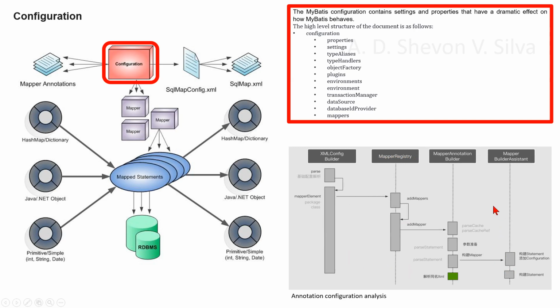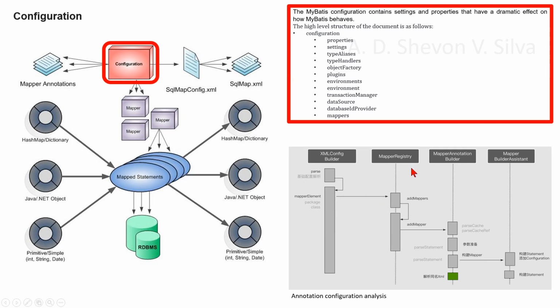Now we are considering annotation configuration analysis. The realization of the bottom of the annotation analysis has two ways. One is to directly specify the interface name, and the other is to specify a package name and then automatically scan all the interface classes under the package. These logics are implemented by mapper registry.